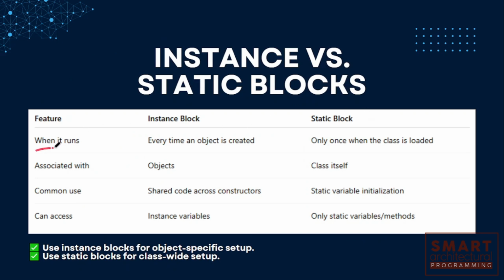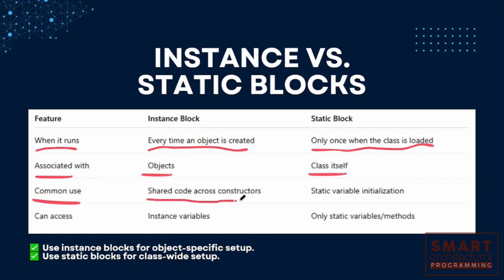So with that understanding, let's understand the difference between static and instance blocks. Number one, what happens when it runs? When do the static or instance blocks run? Instance blocks run every time an object is created, before the constructor, and static blocks only run when the class is loaded and the JVM sees the class. What are they associated with? Instance blocks are associated with objects. Static blocks are associated with the class itself. What is the most common use for instance blocks?